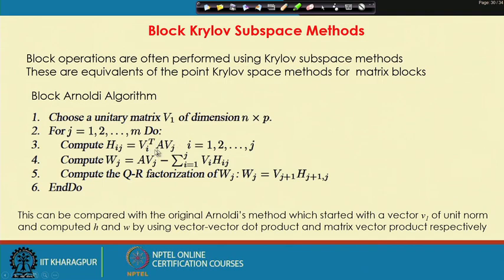Here, a vector-vector dot product is used, and also a matrix-vector product. So the process is essentially similar, but instead of starting with a vector V, they are starting with a matrix V1. That is the difference.